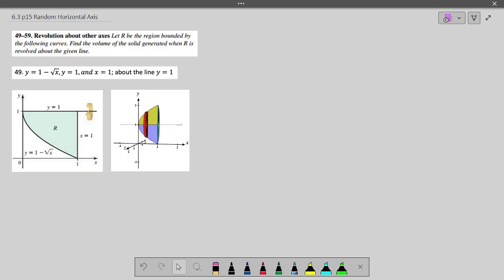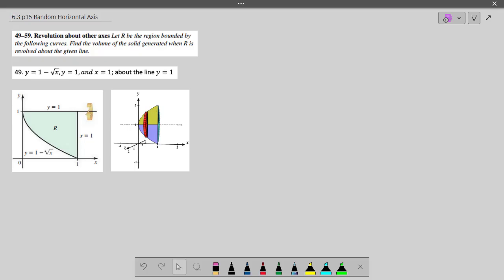All right, so here's another example. The complexity here is that we're not going to rotate around a coordinate axis. So instead of rotating around a coordinate axis like the x-axis or the y-axis, we're going to rotate around a different axis.